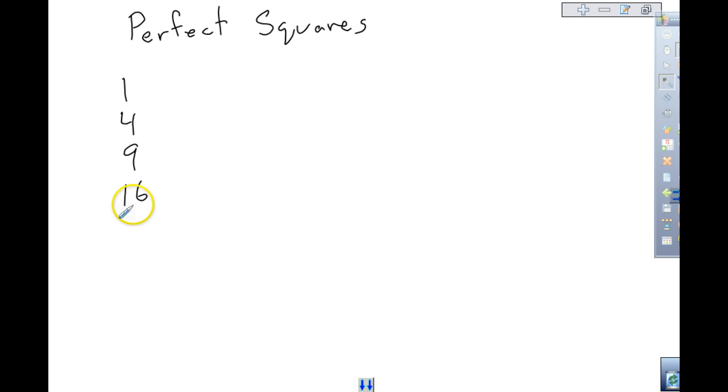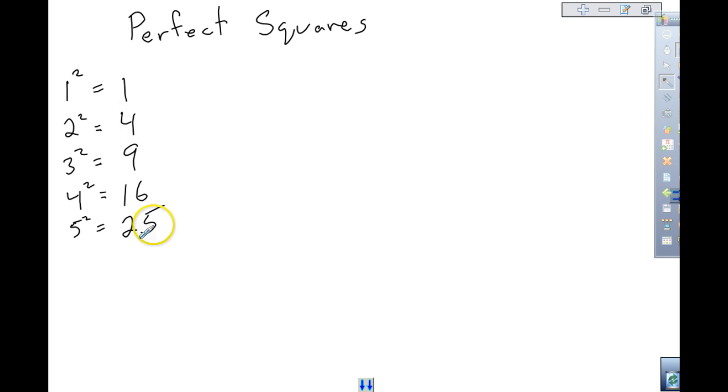And 16, and 25. So what do we mean by perfect squares? 1 squared equals 1. 2 squared equals 4. 3 squared. 4 squared. 5 squared.